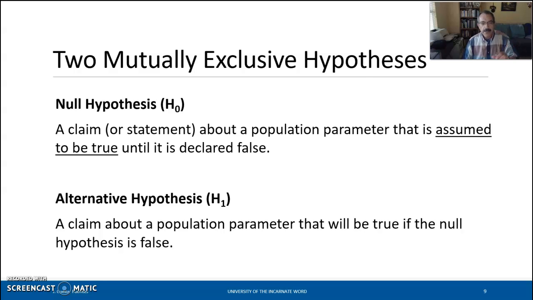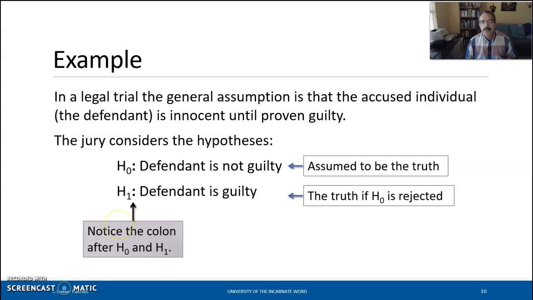All right, to clarify this, let's look at a familiar example. In a legal trial, the general assumption, because that's our right under the Constitution, is that the accused individual is innocent until proven guilty. Therefore, the jury, summoned to make a decision, will start with the assumption that the defendant is not guilty. So that's the null hypothesis.